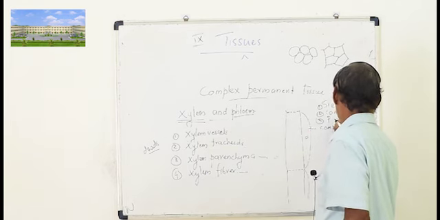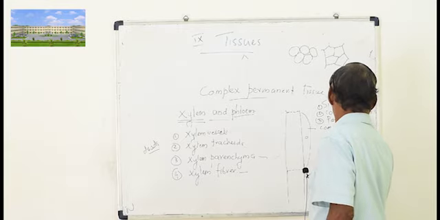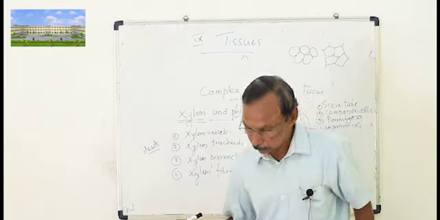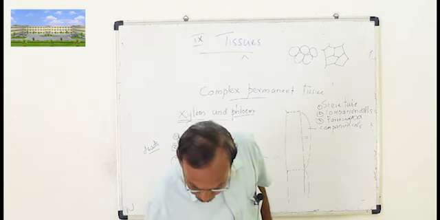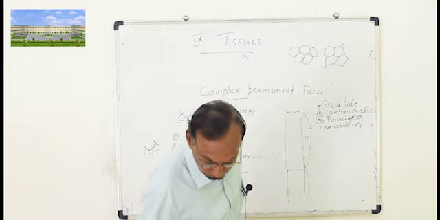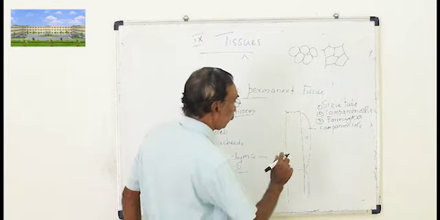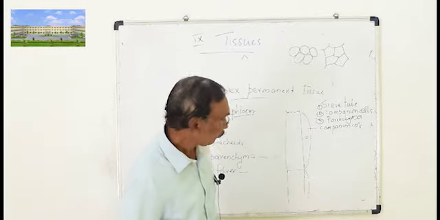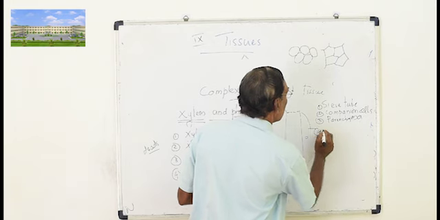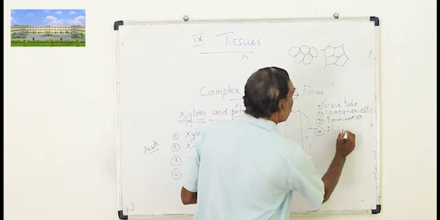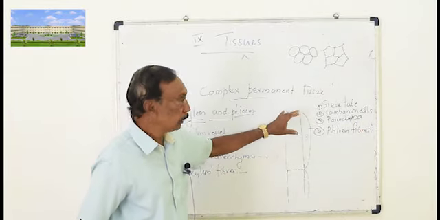Then phloem parenchyma, mainly storage, and phloem fibers, mainly for support. So these are the four different types of cells in phloem.